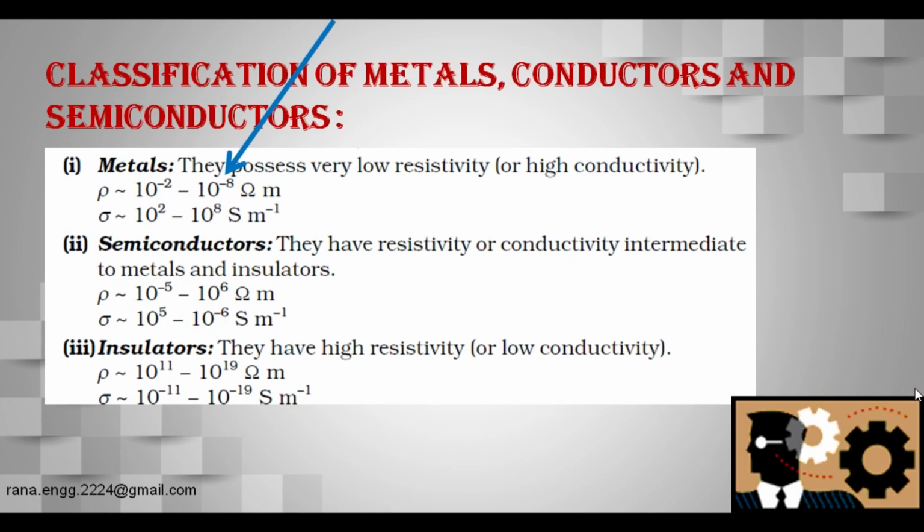For metals, the resistivity is very less, it is in negative power. So, we can say it is 10 to the power minus 2 to 10 to the power minus 8 ohm meter. At the same time, conductivity for metals is in positive, it is 10 square to 10 to the power 8. For semiconductor, it lies between positive value to negative value, because whenever we want, we can use it as conductor.